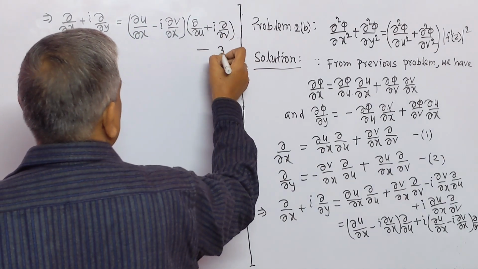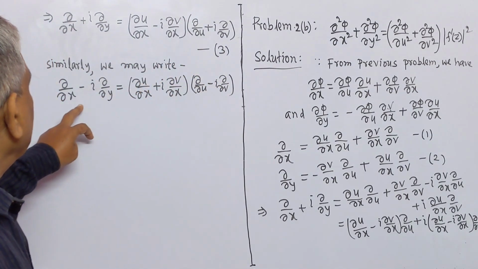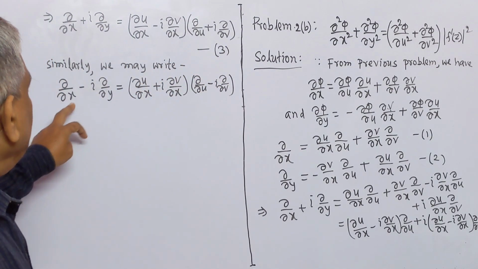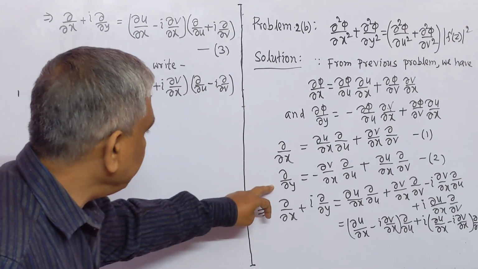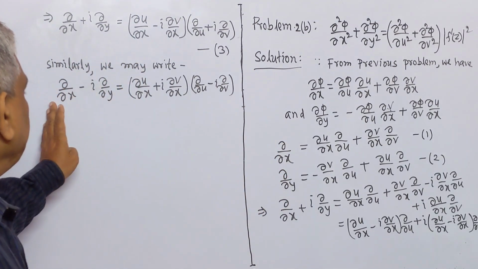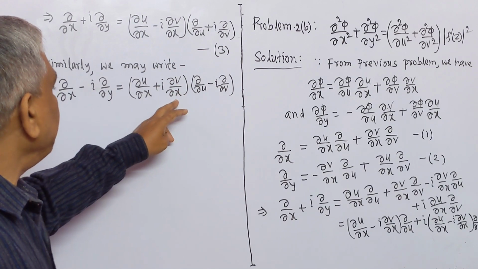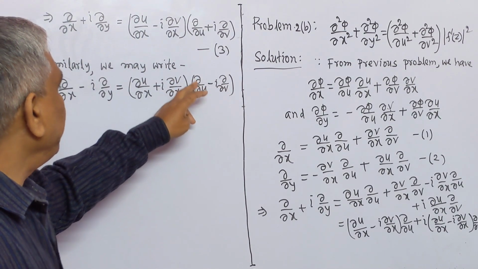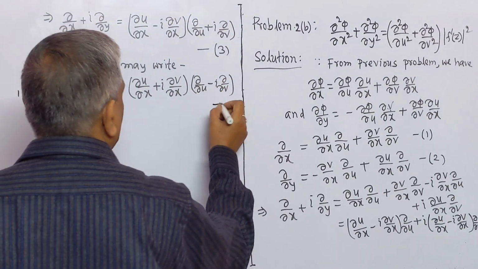This is number 3. Similar to 3, we may write del by del x minus i del by del y. Here del by del x minus i del by del y, using 1 and 2, left side equal to del u by del x plus i del v by del x multiply del by del u minus i del by del v. This is number 4.